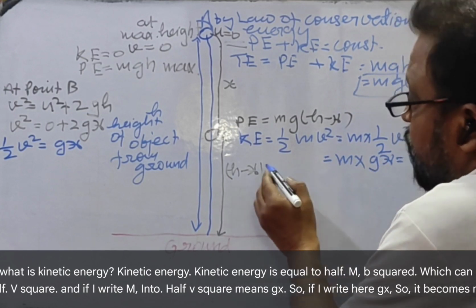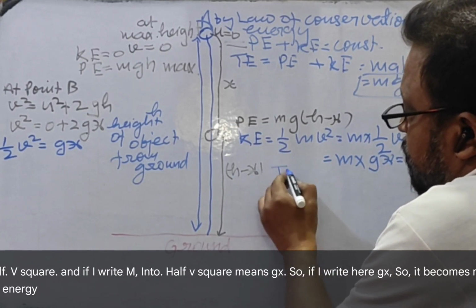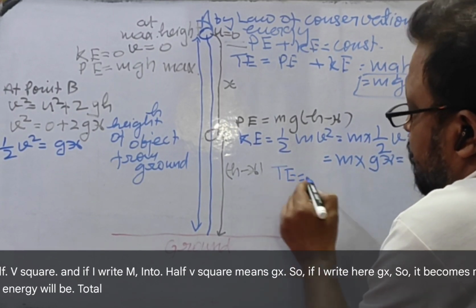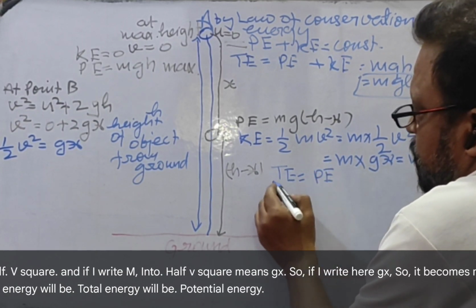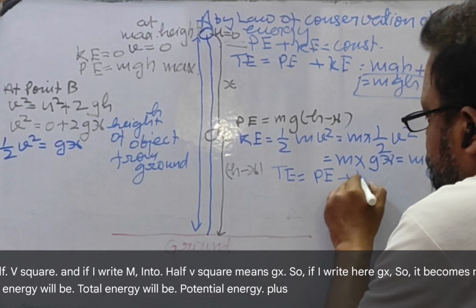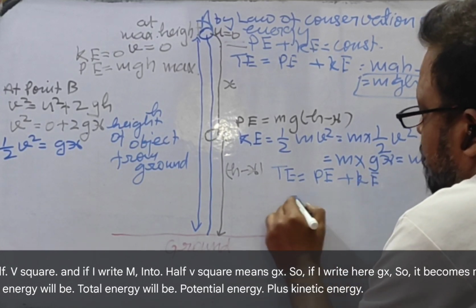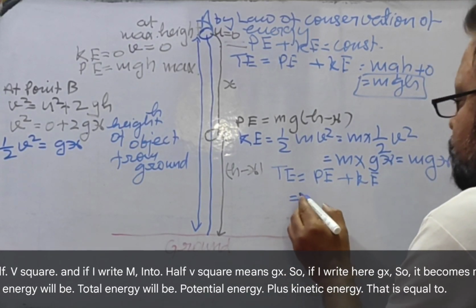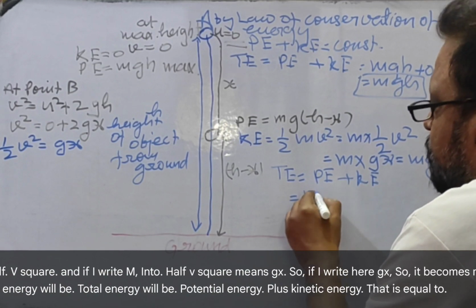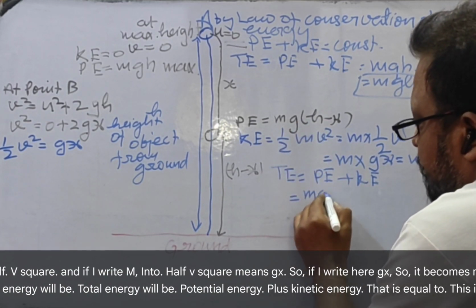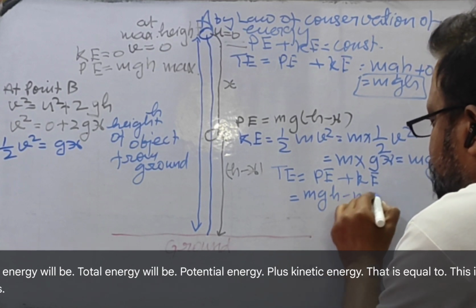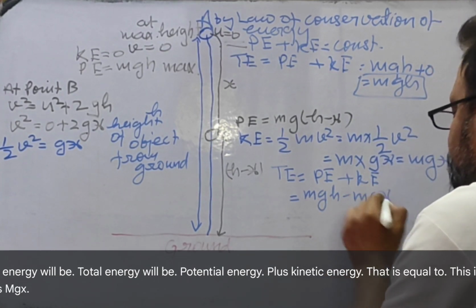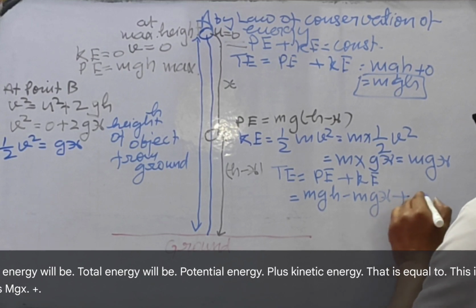Now total energy will be potential energy plus kinetic energy, that is equal to mg(h minus x) plus mgx, right?